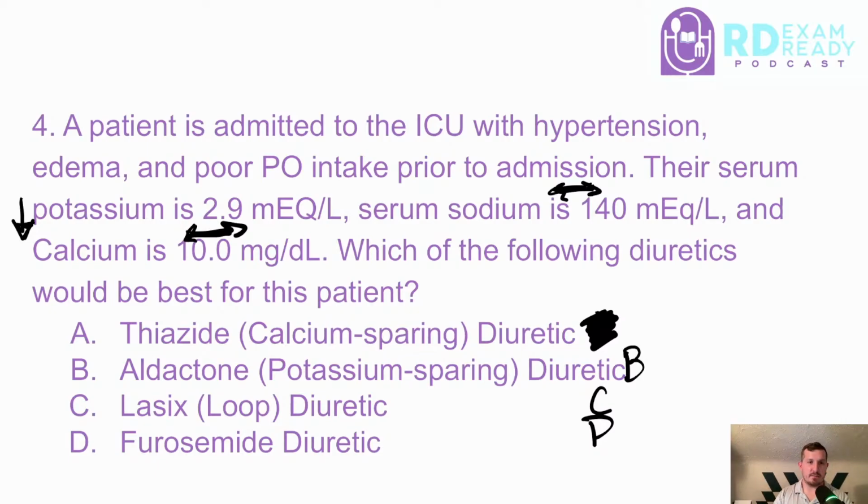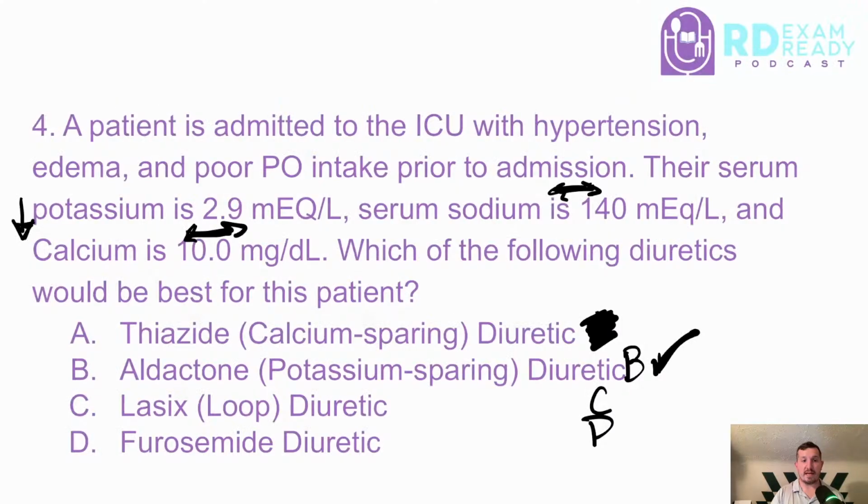This is a potassium sparing diuretic. This would be a good one to take because we want something that's going to help us retain potassium. Our potassium is currently low, folks. We don't want it to go lower by taking a diuretic. So we need a diuretic that's going to spare or keep my potassium. B would be a good answer because if I take B, I'm going to hold on to a little bit more of the potassium.